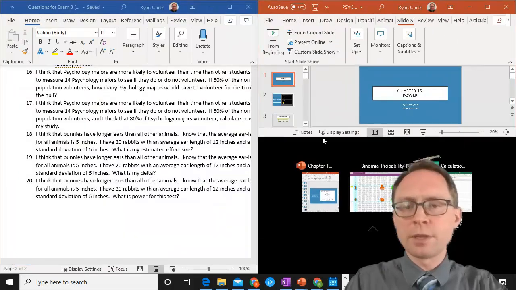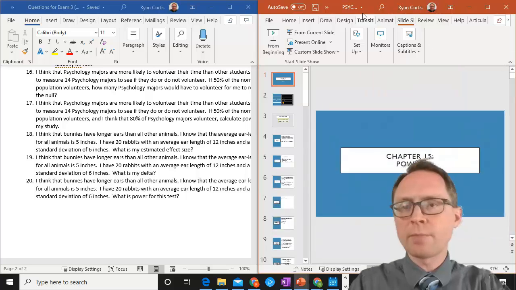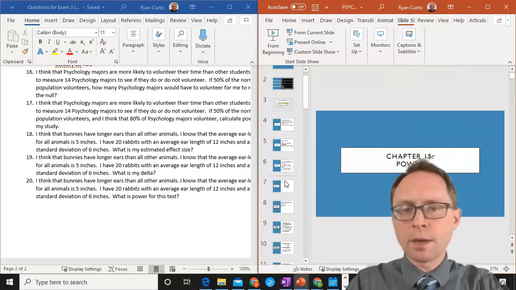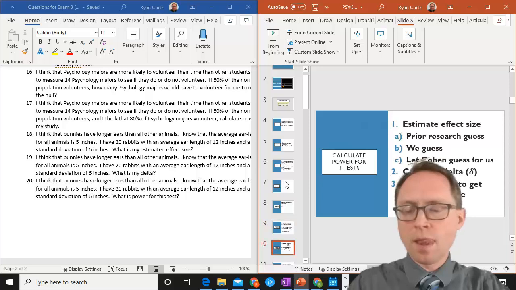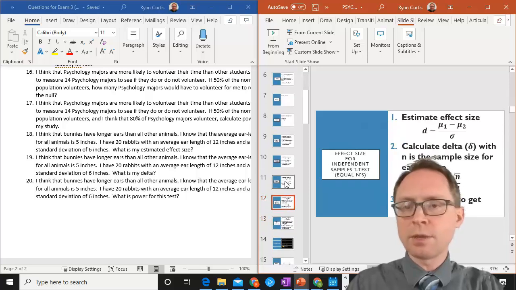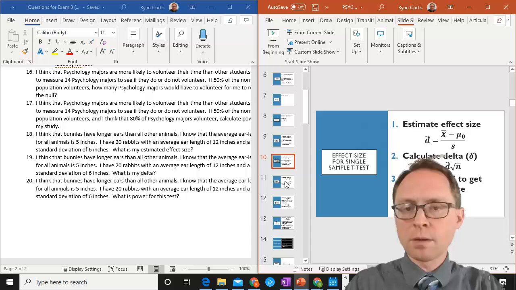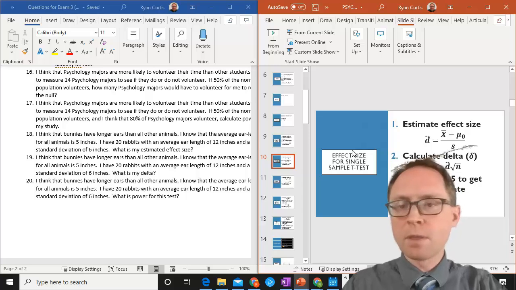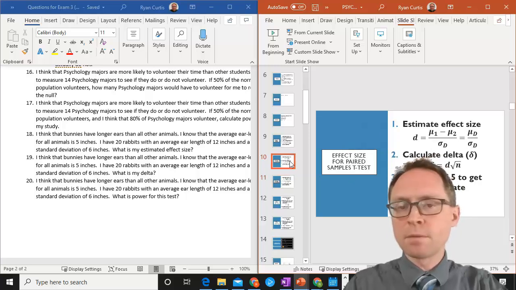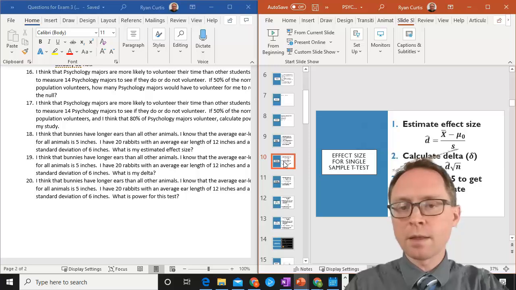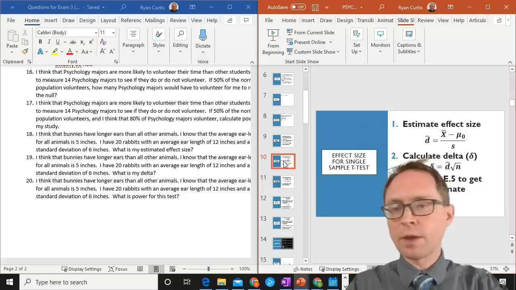Okay, so here's what we're going to get for power. Power for the single sample t-test is going to be, there it is right there.